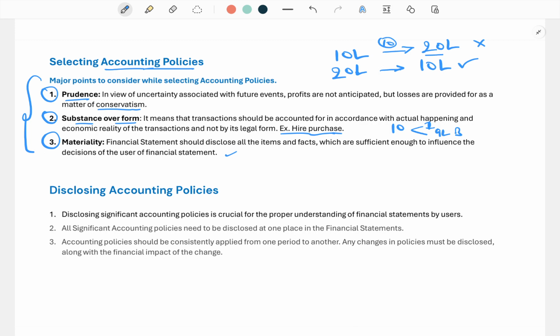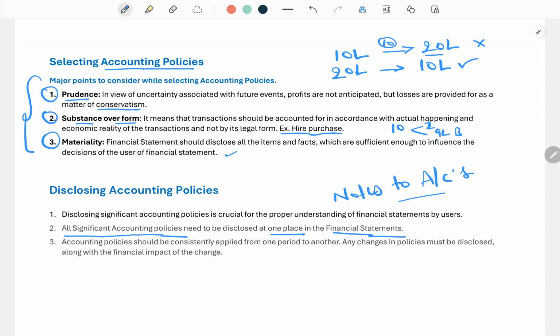So where shall we disclose these policies? The standard says all significant accounting policies need to be disclosed at one place in the financial statements. So everything will be shown at one place only. Generally, it is shown in the notes to accounts.